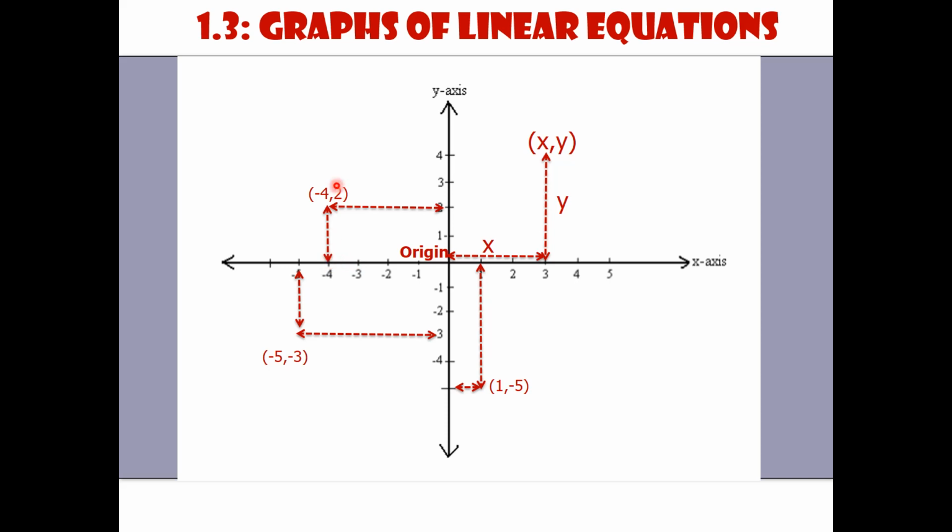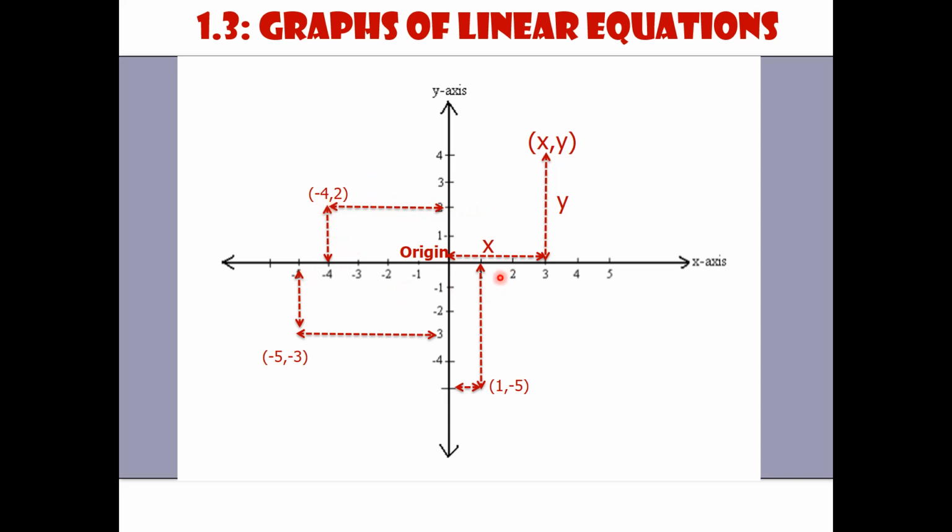And then the value of the y coordinate is 2. 2 is positive, so we have to go up because up is for the positive values of y until we reach 2, and then we will stop. So this is the location of the point with the coordinates -4 and 2.